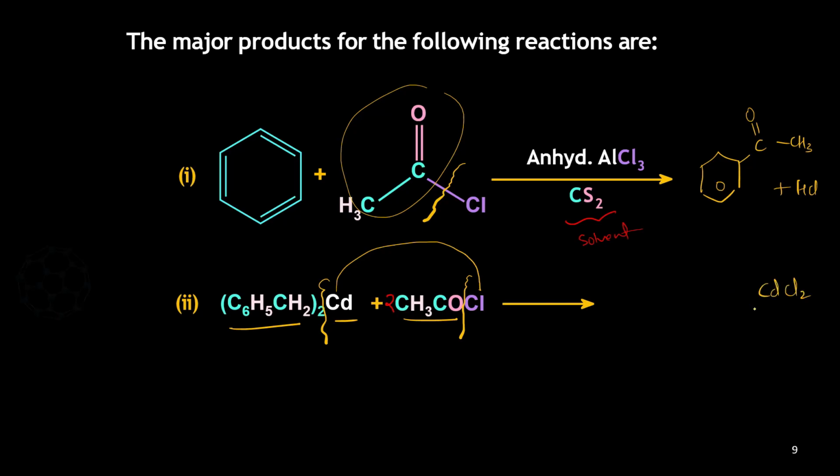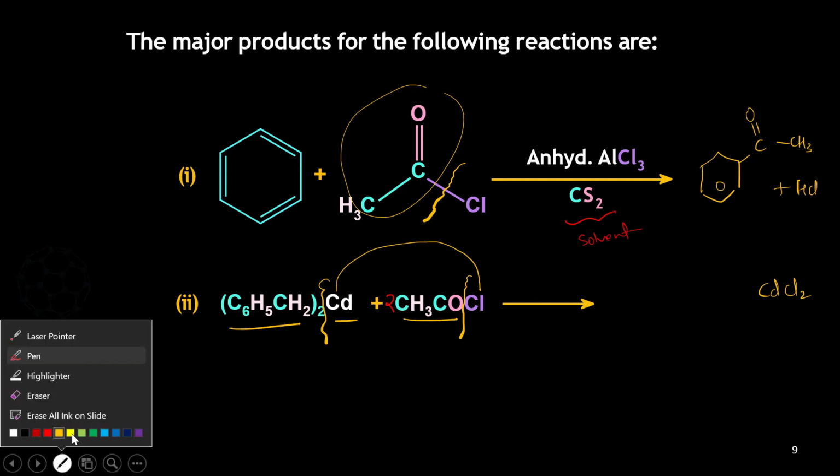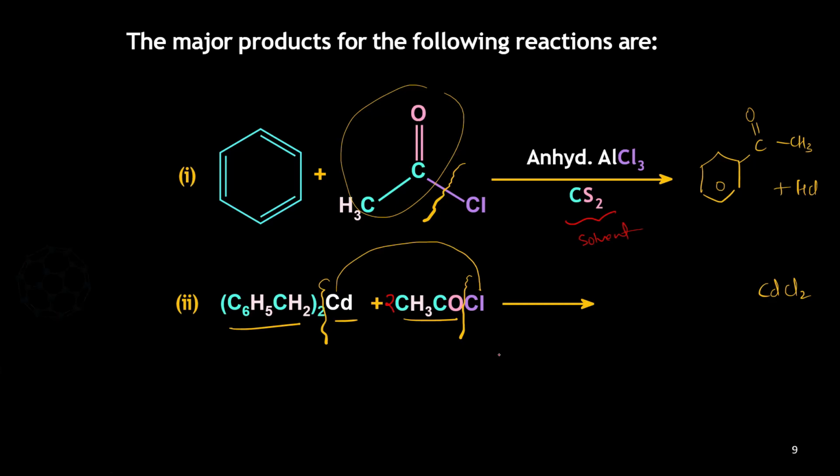And whatever this group and this group are, they will join together this way. So whatever the CH3 is there, that CH3 has C double bond O. And whatever this entire group is, you just write it as CH2, C6H5. So it will attach to CH2, C6H5.